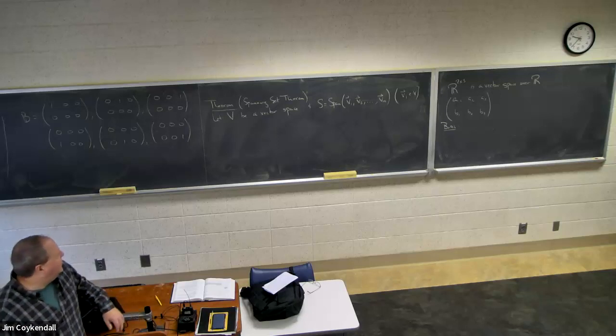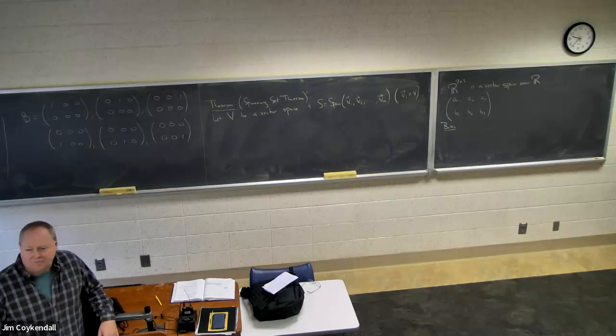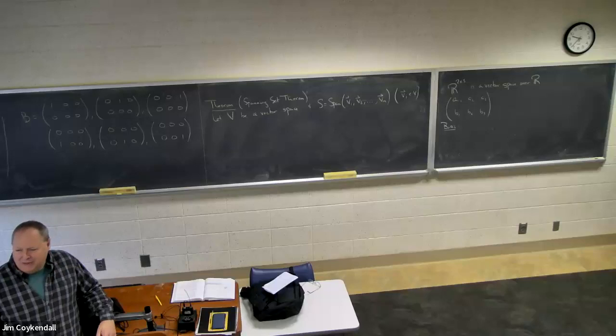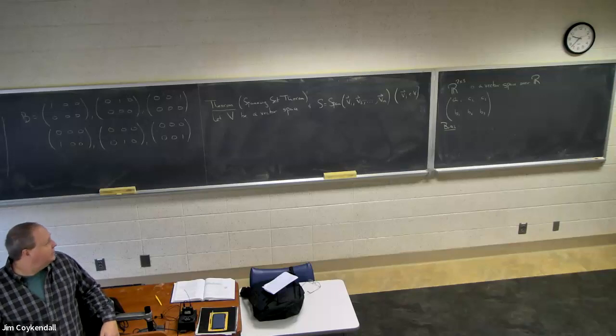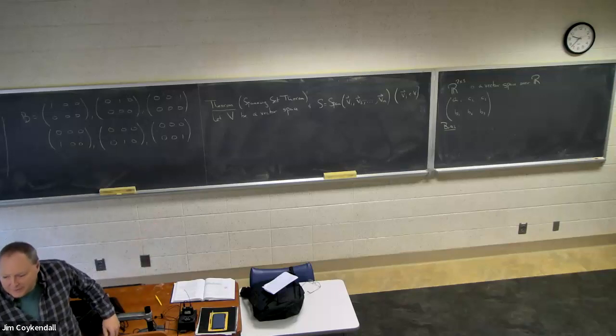Now, let me ask you this. V1 up to Vn. Is that necessarily a basis of S? What do I know and what don't I know about this with regard to that being a basis?